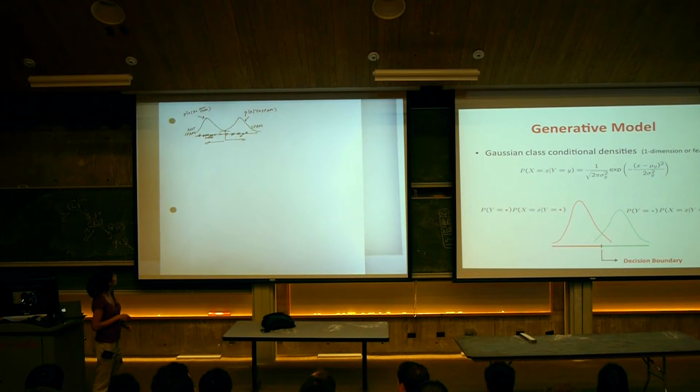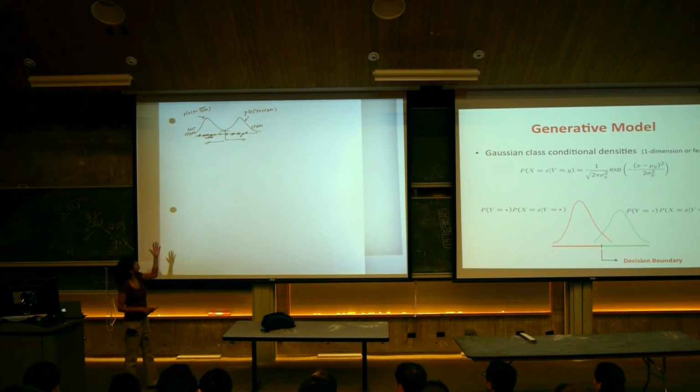One of the questions that will hopefully survive, and I can tell it to you right now because you can think about it, is: do we always get a single threshold as the decision boundary in one dimension if we assume a Gaussian class conditional density? So think about what all the parameters are here that we can change.